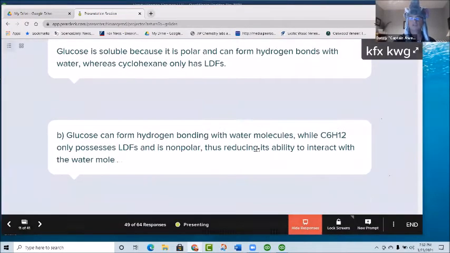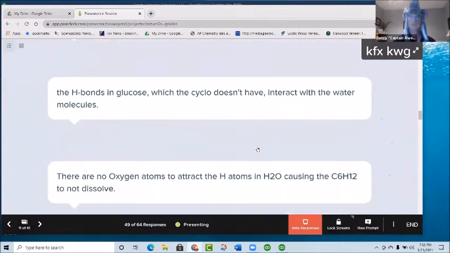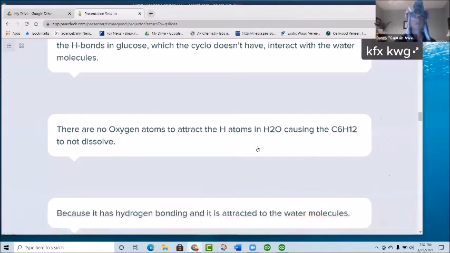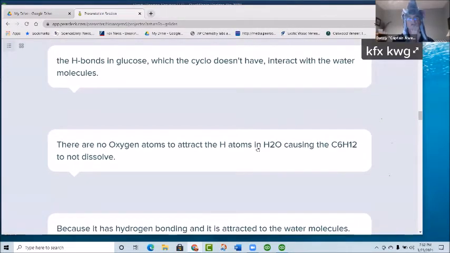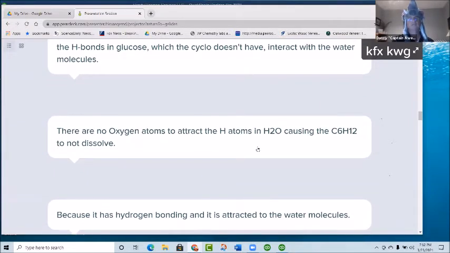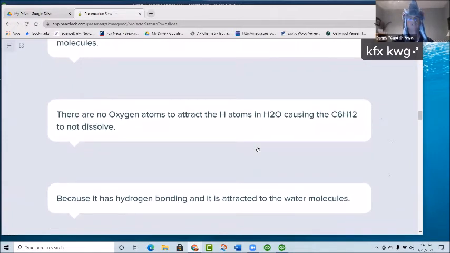This time I'm going to scroll to the middle. All right, the H bonds in glucose, which the cyclohexane doesn't have, interact with the water molecules. Okay, there are no oxygen atoms to attract the hydrogen atoms in H2O, causing the C6H12 to not dissolve. No more tortilla chips for me.